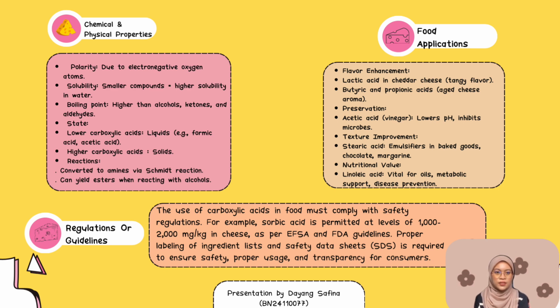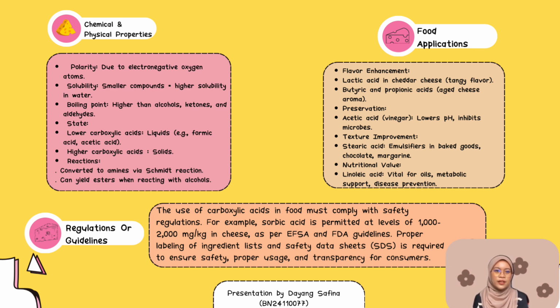Then, texture improvement: long-chain carboxylic acids, such as stearic acid, are used as emulsifiers in baked goods, chocolate, and margarine to improve texture and stability. Lastly, nutritional value: linoleic acid, a fatty acid, is vital for metabolic processes and preventing chronic disease.